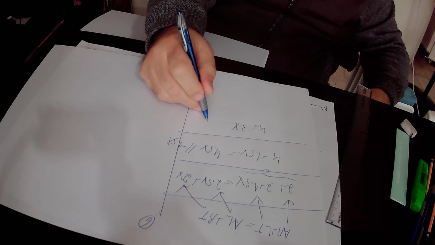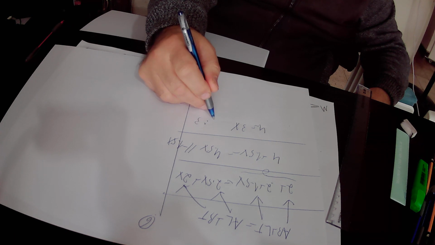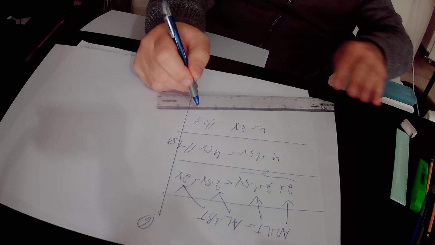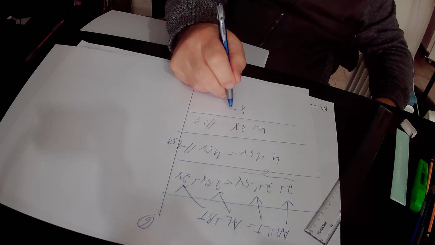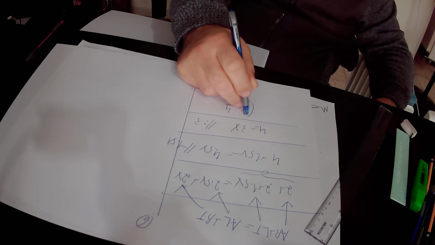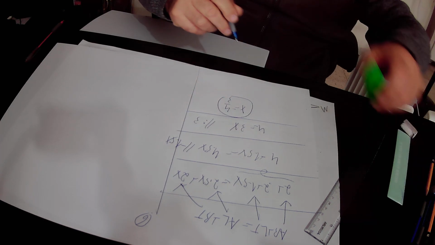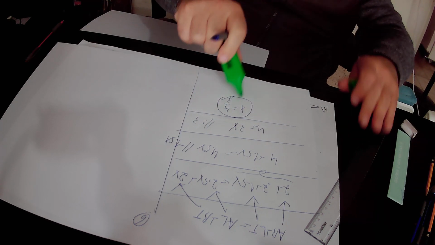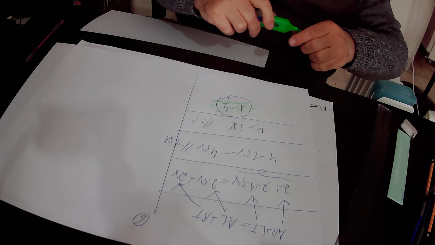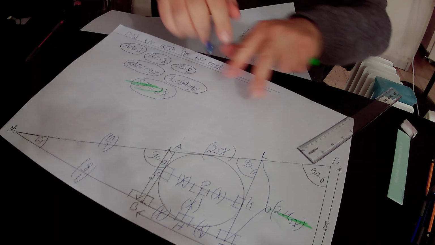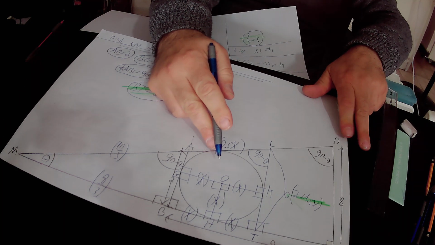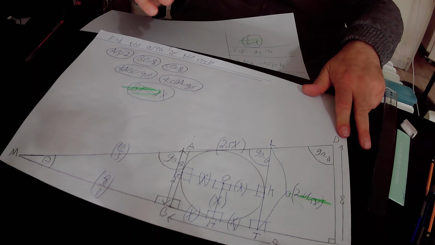Here we divide this equation by 3, and finally we find that x equals 4 over 3 units in its length. X equals 4 over 3. Actually, x is the radius of this circle, equal to 4 over 3 units in its length.